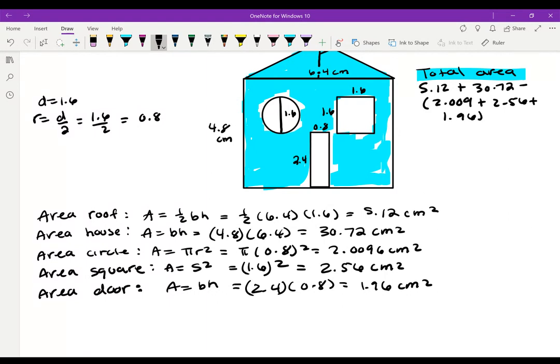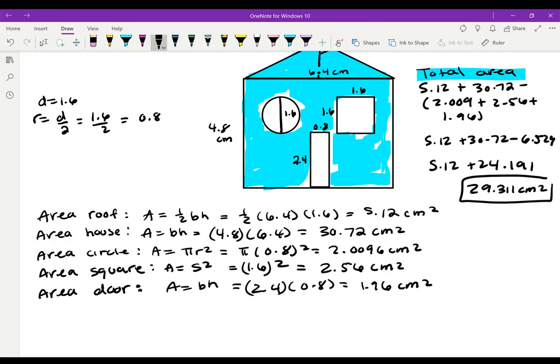So if I type that into my calculator, 2.009 plus 2.56 plus 1.96, I get 6.529. So 5.12 plus 30.72 minus 6.529, I get 29.311 centimeters squared.